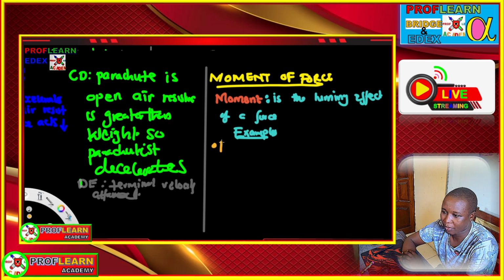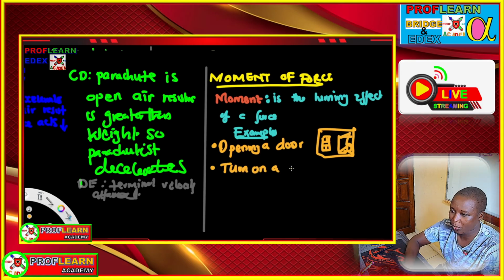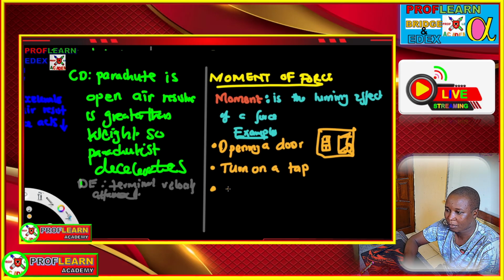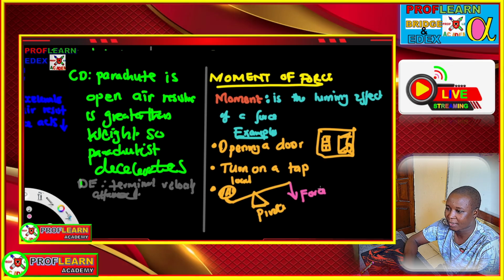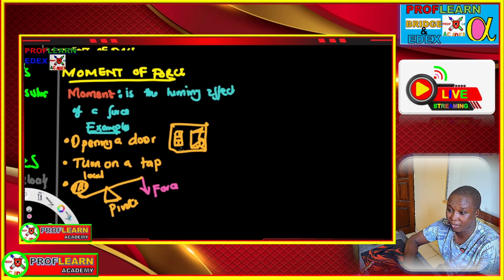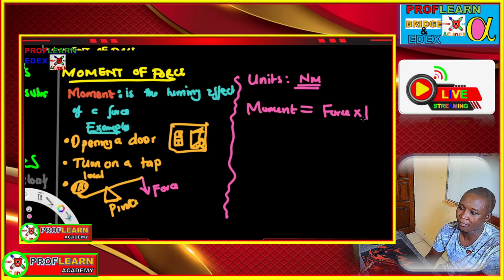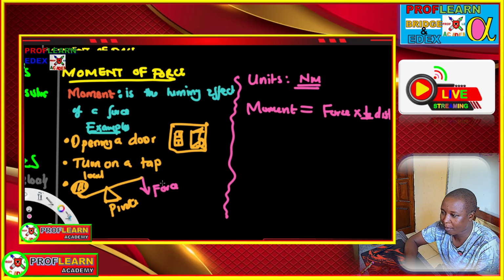For example, if you are opening a door, a tap, or the flap of your laptop, or even when you are using a spanner or a crowbar, those are examples of the turning effect of a force. You need to understand the units and also the formula used to calculate the moment.